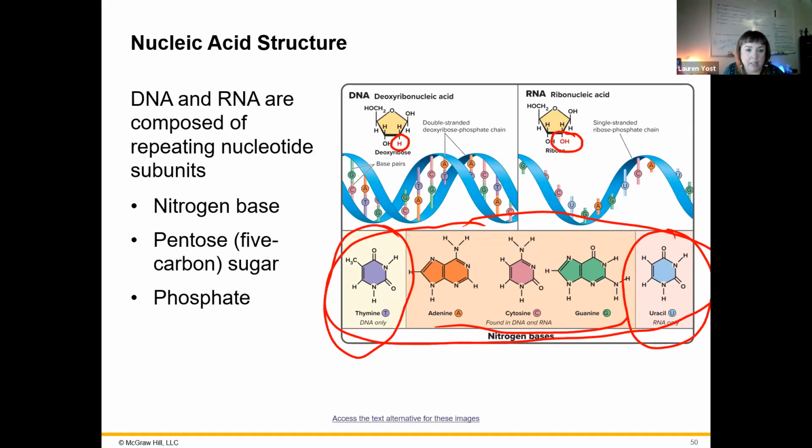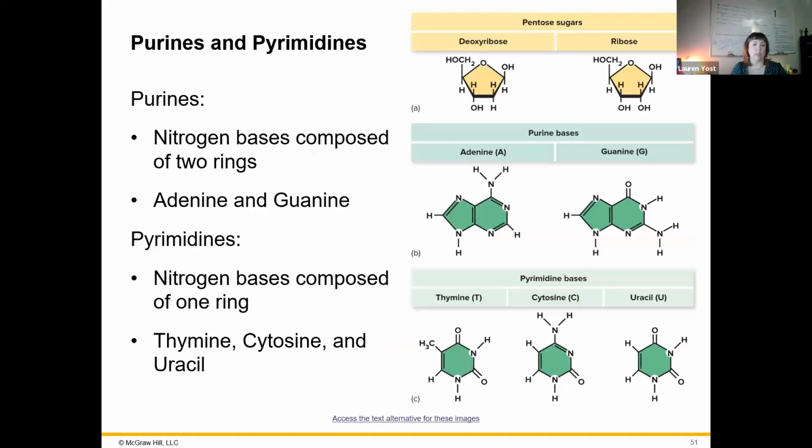Then our nitrogenous bases, they both have adenine, cytosine, and guanine: A, C, and G. DNA has the T, RNA has the U. And we'll remind you about this when we get into the genetics of these.